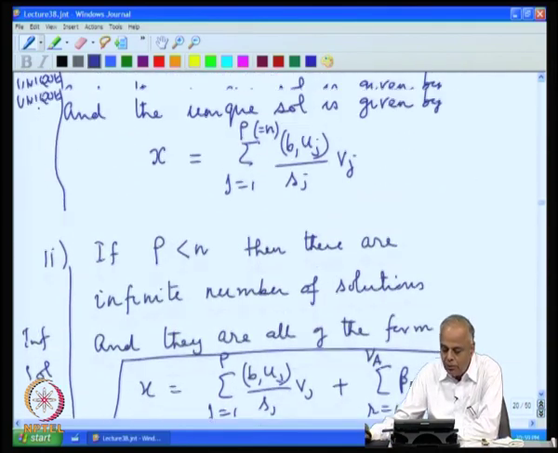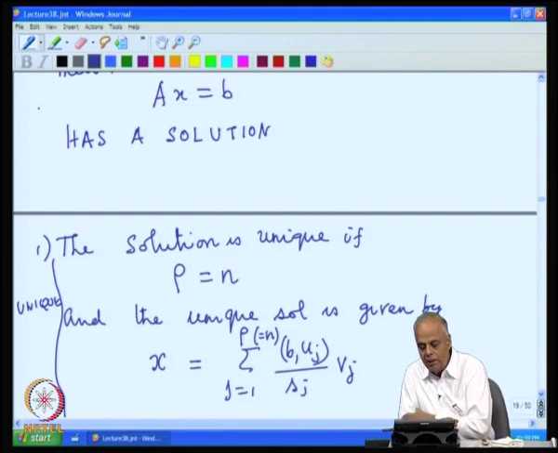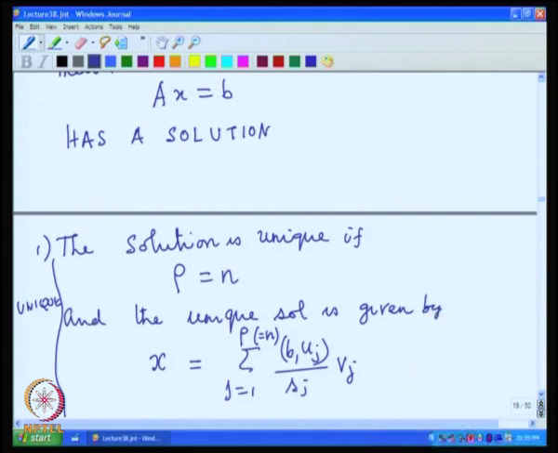Now, if you look at the unique solution that we got, all we have done is take the jth component of b and scale it down by a factor of 1 by s_j, and take that as the jth component of x. So, as we observed, A takes the jth basis vector on R^n to the jth basis vector on R^m with an upward scaling factor of s_j.